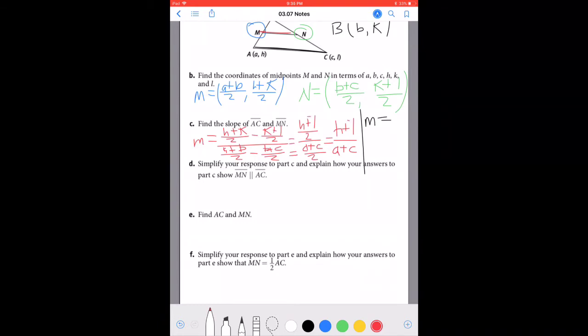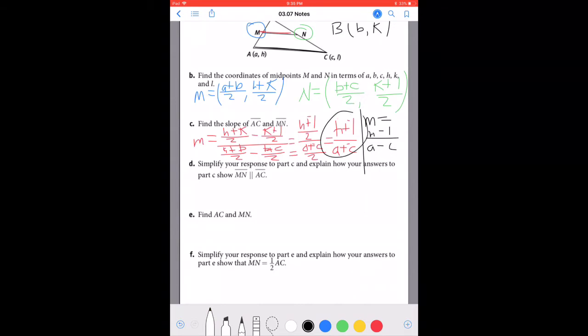This L should be negative and the C should be negative. All right. So now on this one we would do H minus L, and then over on the other side, for the rise over run, for the run, we would do x2 minus x1, so we would get A minus C.